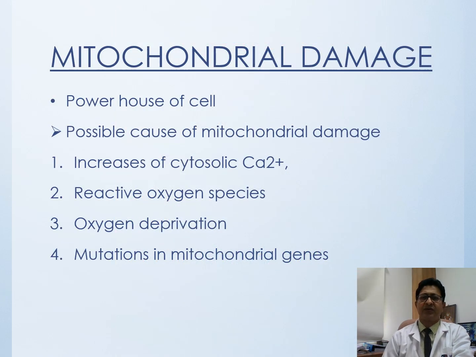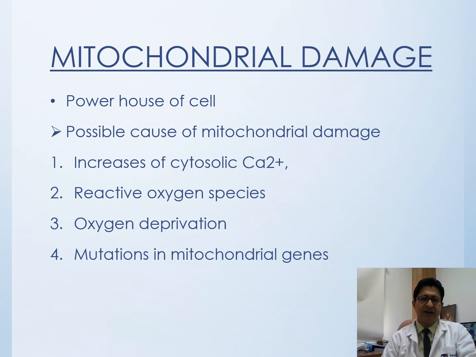When you look into the mitochondrial damage, the mitochondria being called the powerhouse of the cell, the possible causes of mitochondrial damage would be the increase in cytosolic calcium, reactive oxygen species, as I told you, superoxide anion, hydroxyl ions, and hydrogen peroxide.